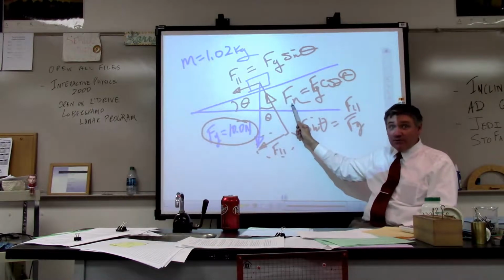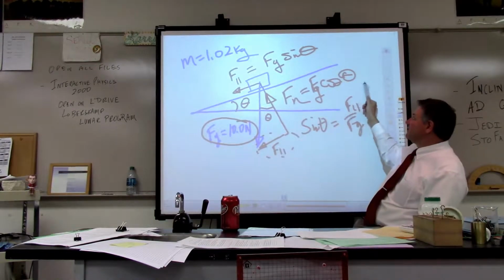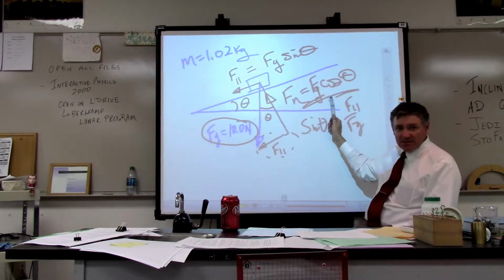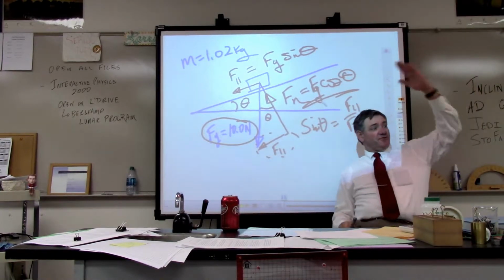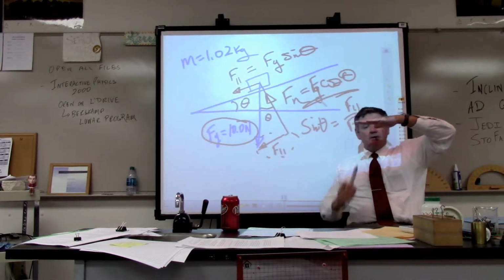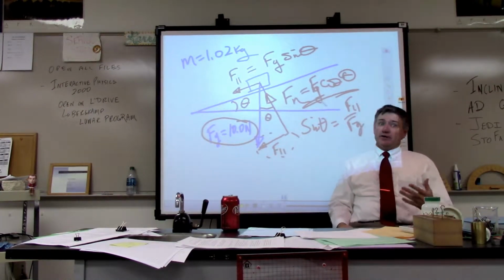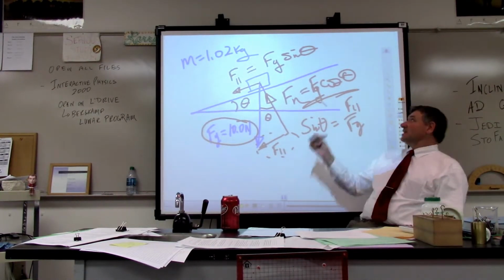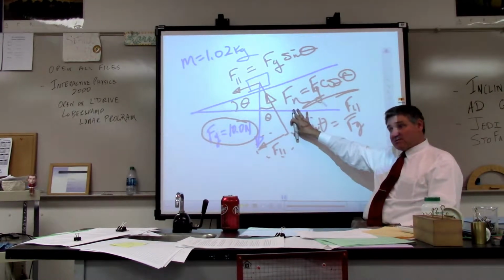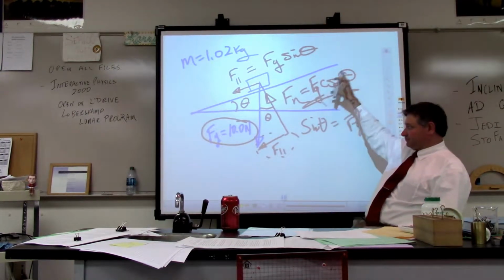Well, in reality, this is where this comes from. But if you're on a flat surface, you're taking the cosine of 0. The cosine of 0 is 1. And that's why on a flat surface, force normal was the same as Fg.